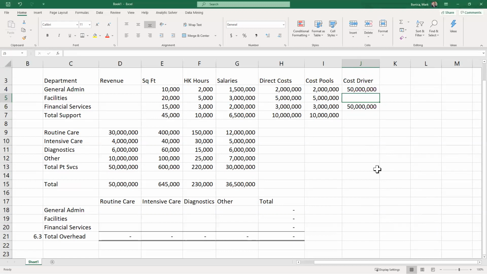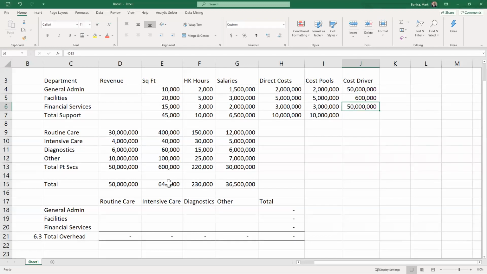And then for facilities, the cost driver is space utilization. So I'm going to go down here to get the total of the square footage for the profit centers.